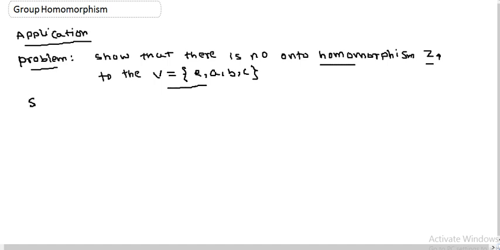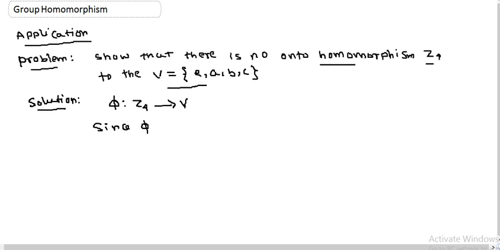So how to prove this result? Let me write that down. First of all, what does onto homomorphism mean? If we have a homomorphism from Z4 to the group V and it is onto, it means each element of V has a pre-image.